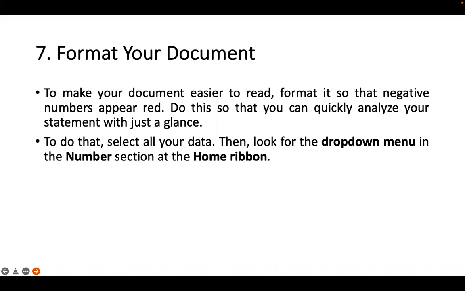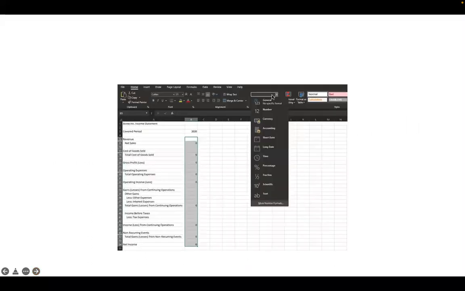To do that, select all your data, then look at the drop down menu in the number section at the home button. This I had already discussed in quite detailed in one of the session. So you have to do it. So this is the general, and you have to select the numbers and you have to do it, format.